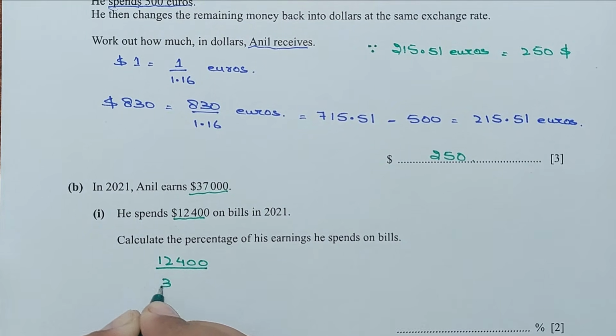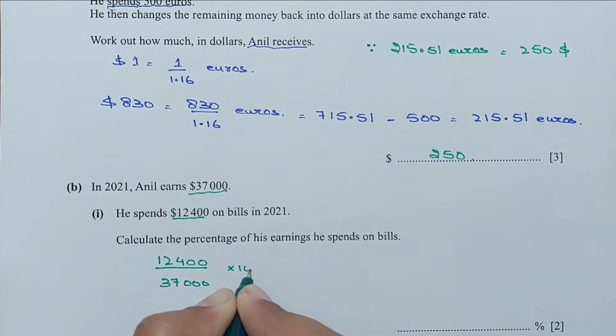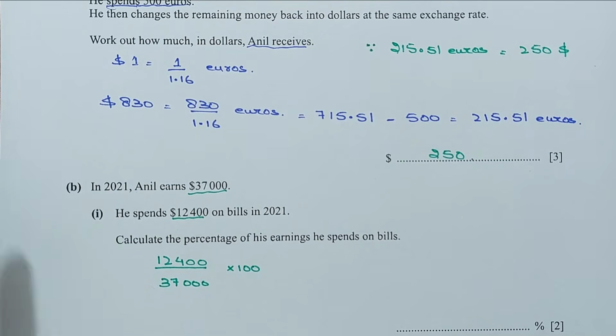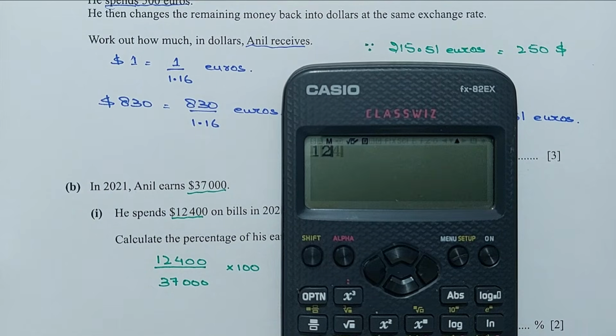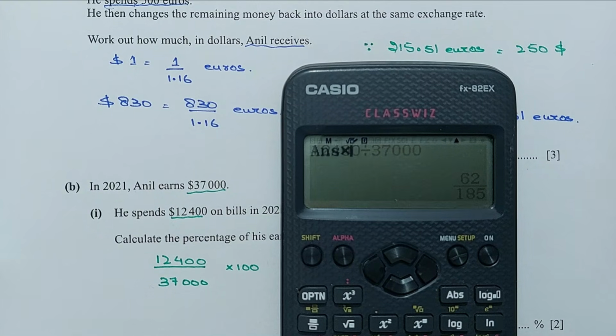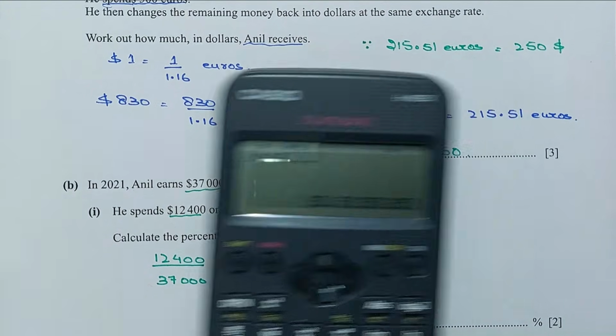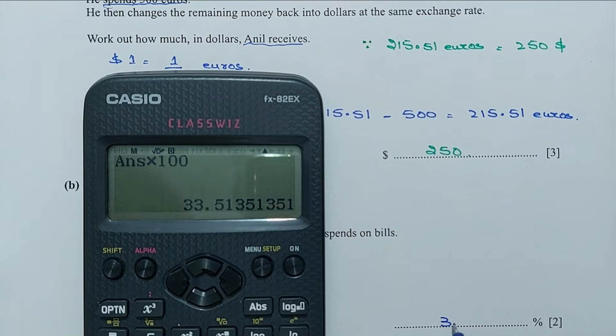His earning is 37,000. Multiply by 100. Percentage of his earning he spent on bills, right? 12,400 divided by 37,000 times 100. This would be 33.5%.